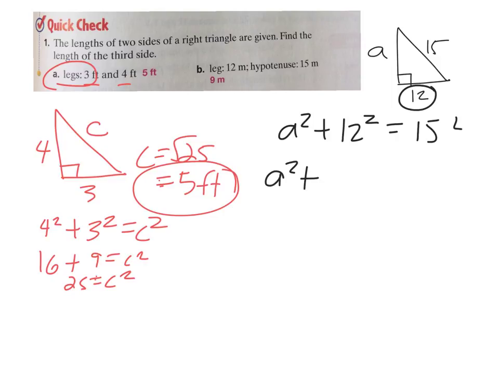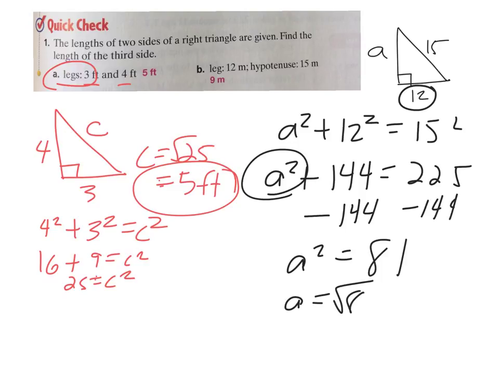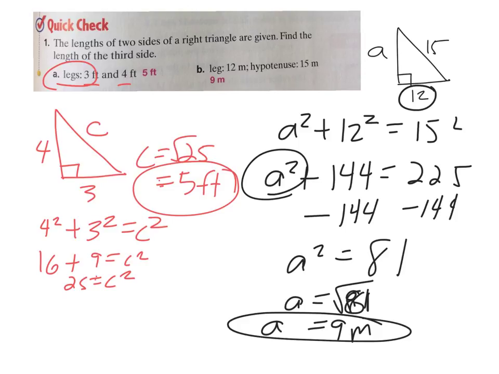So A squared plus 12 squared, which is 144, equals 15 squared, which is 225. Subtract that 144, because we're trying to get the A by itself, so subtract that from both sides. And A squared equals 81. So A then is the square root of 81, which we all know is 9, because 9 times 9 is 81. And our label is going to be meters. So A is 9 meters.